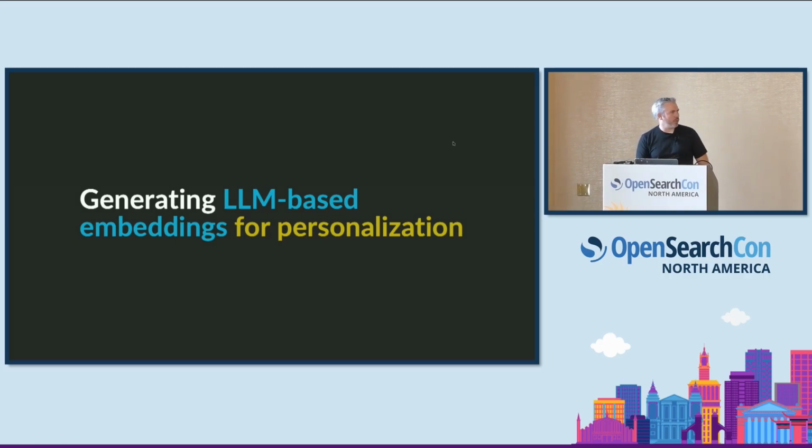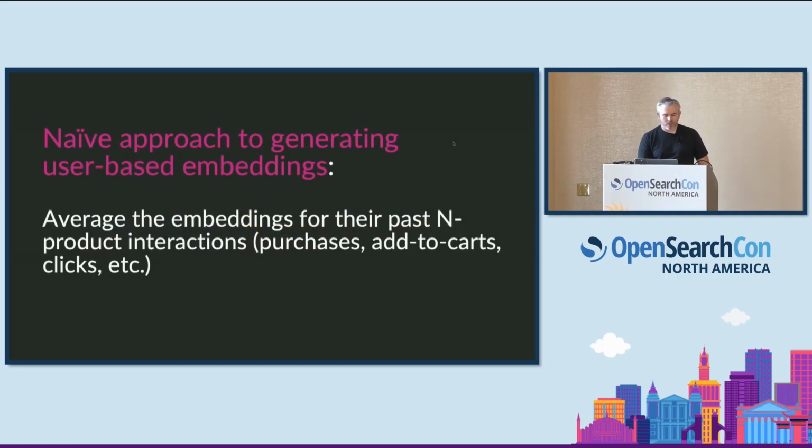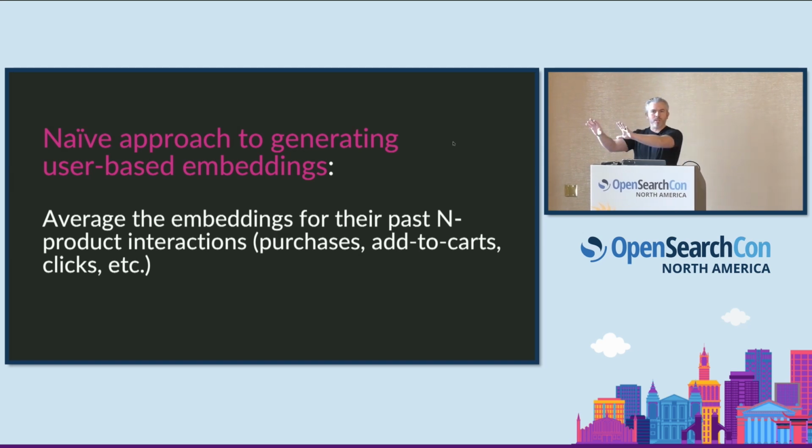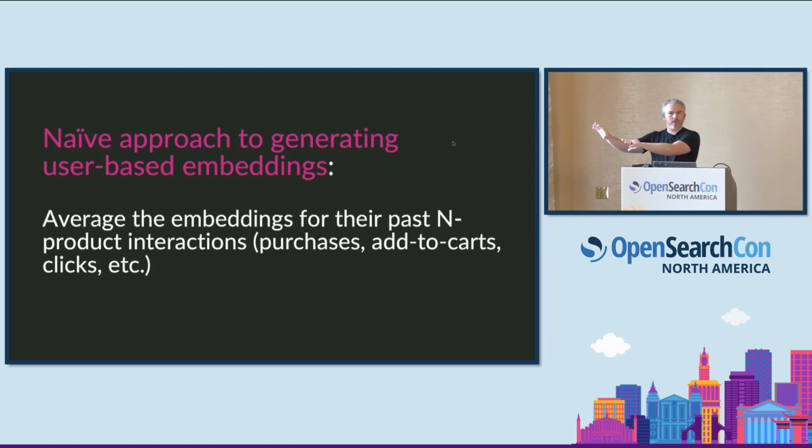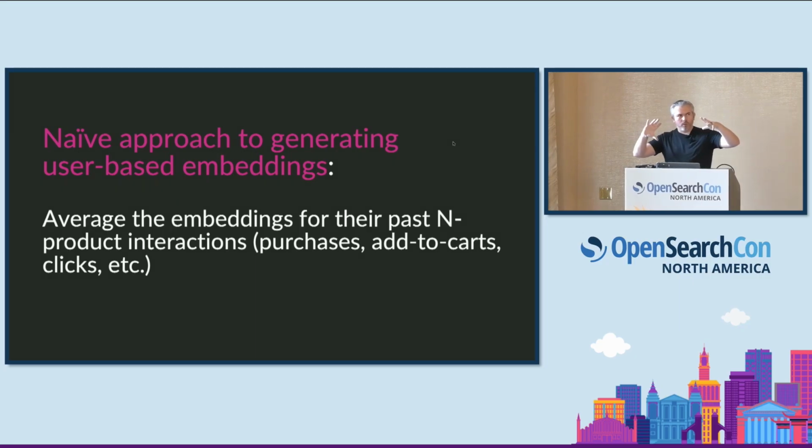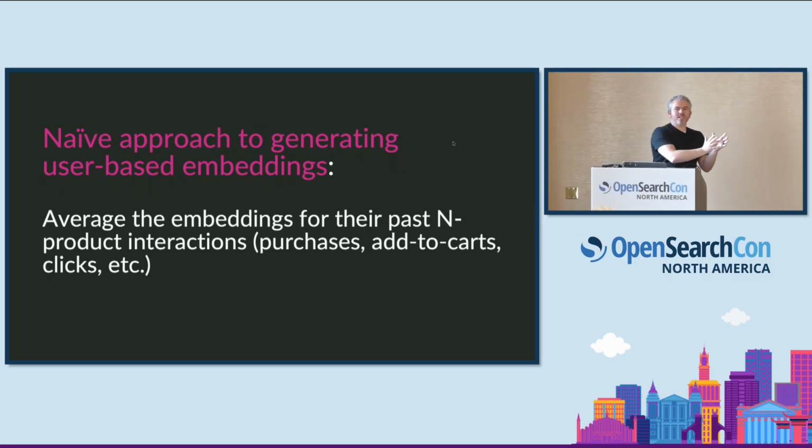Another approach, which I'll go through quickly here, is generating LLM-based embeddings for personalization. In this case, what I'm trying to do is say, based upon my users and what they've interacted with, let me take the embeddings for those items and describe the user based upon the collection of documents they're interested in.